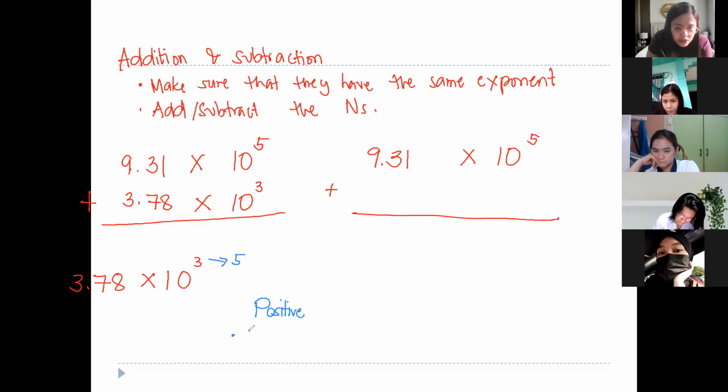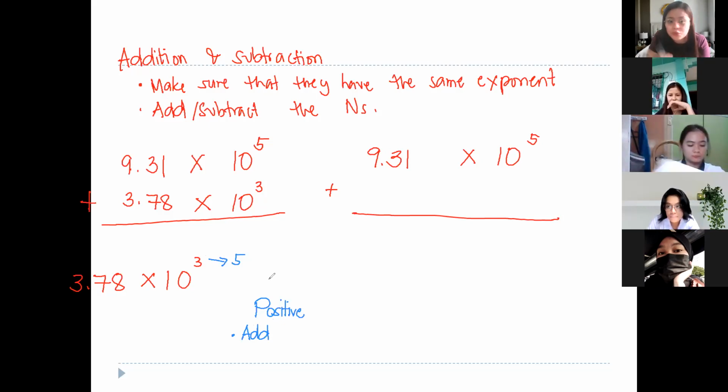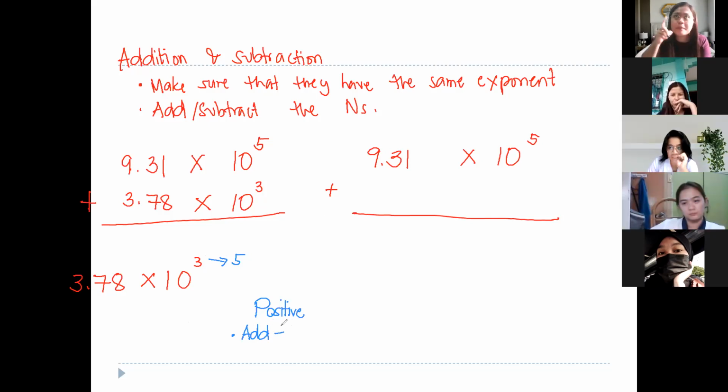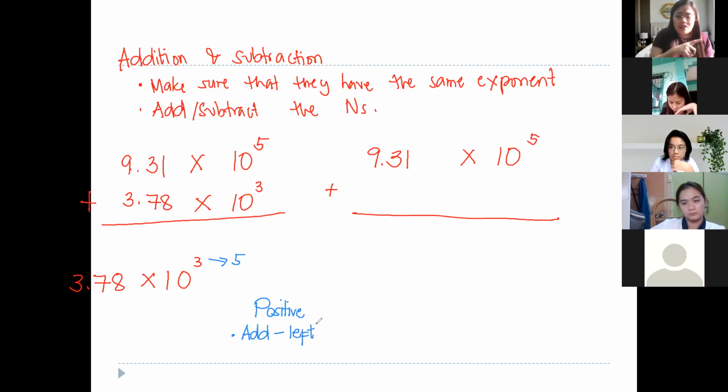Now, if we want to add to the exponent, like here, from 3 we make it 5, we add 2. So if we want to add, the movement of the decimal is going to the left. Again, when we want to add to the exponent, and take note this is applicable only when the exponent is positive, we move it to the left.